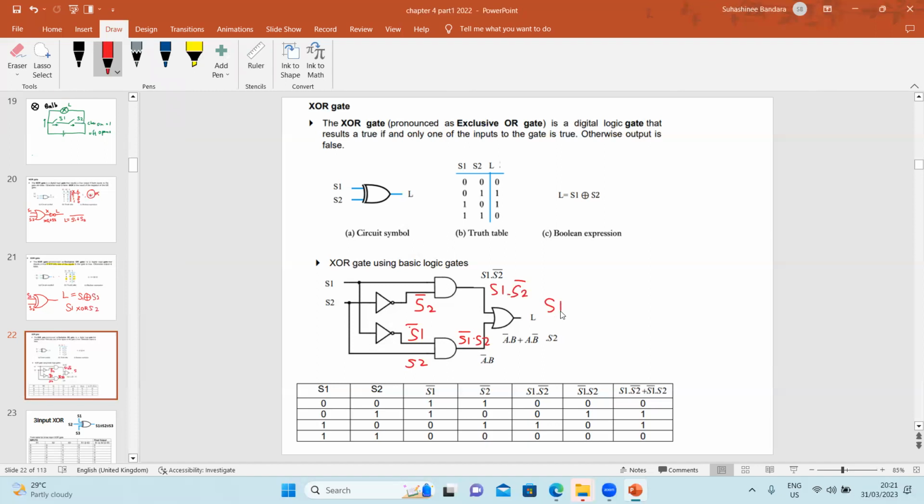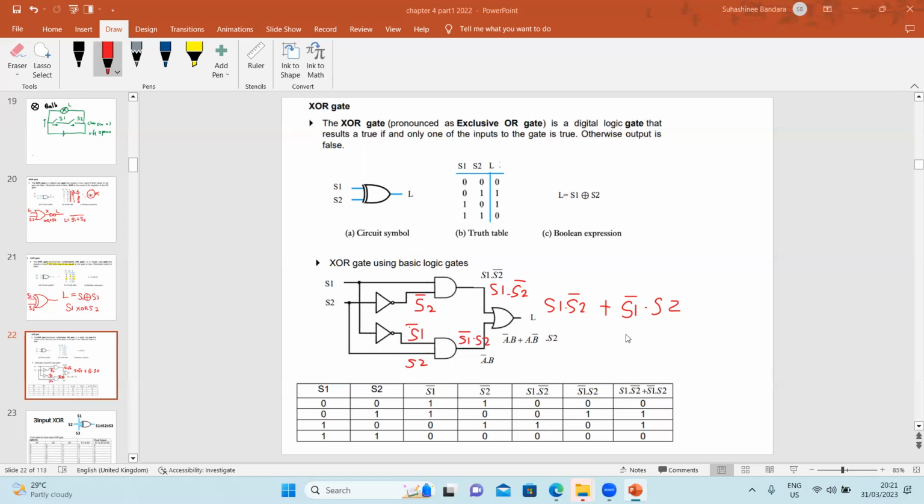So S1 dot S2 bar has to be added with S1 bar dot S2. If these two are the input, S1, S2, we are going to find out what is S1 bar, what is S2 bar, then what is the output for S1 dot S2 bar and S1 bar dot S2.